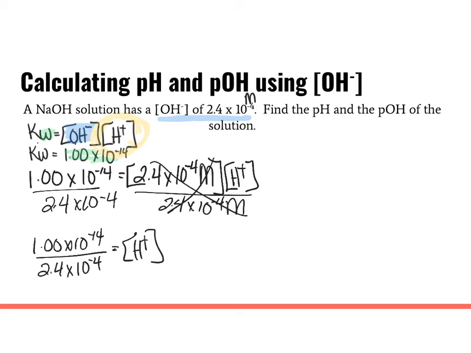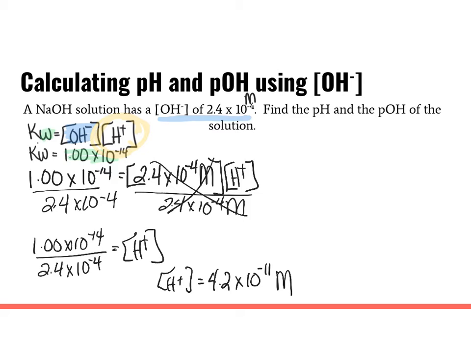When you go through and you properly put this in your calculator, what you're going to end up with is H plus is equal to 4.2 times 10 to the negative 11th molar. Okay, so that's the first part.